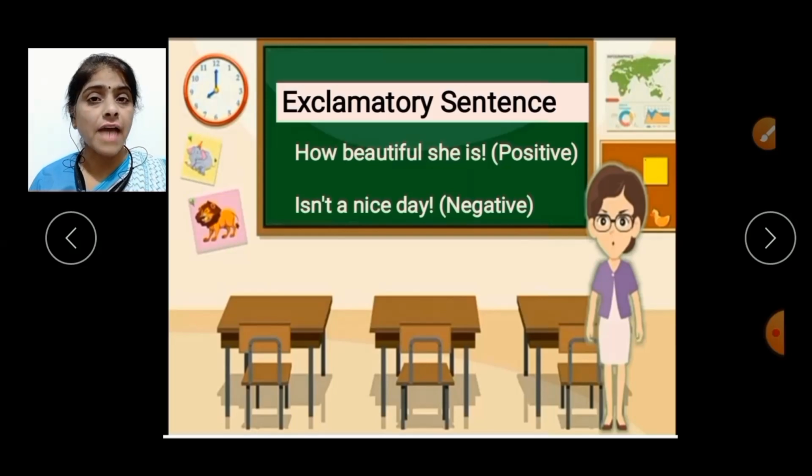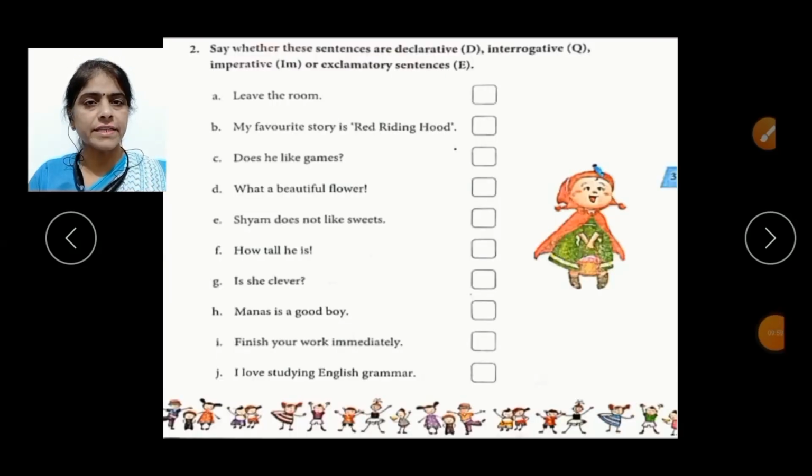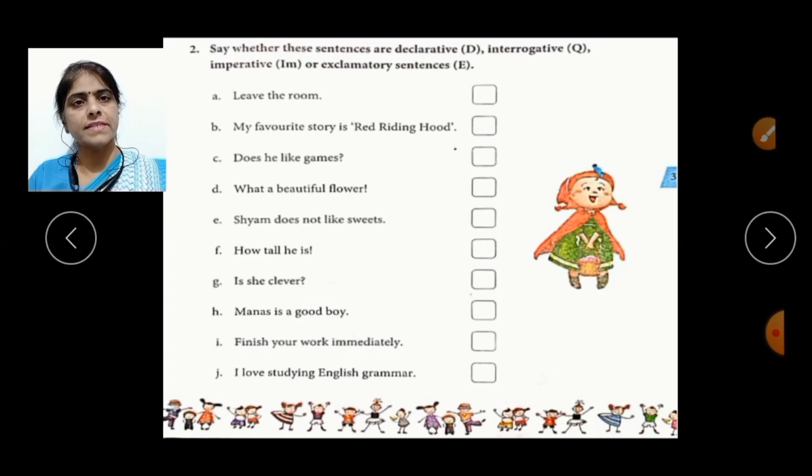Now it's time to take the exercises of a grammar book which are related to these sentences. So let's have. Students, here is the second exercise which is given on page number 3. The exercise is, Say whether these sentences are declarative, interrogative, imperative, or exclamatory sentence.